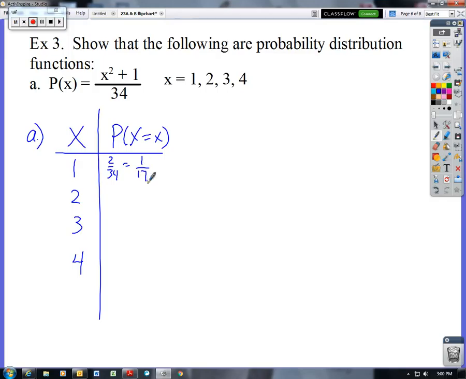And then 2 would be 5/34. 3 would be 10/34. Actually, I don't know that I necessarily want to divide those. 4 would be 17/34. Yeah, let's not. So each one of these is less than 1. So you need to say that.